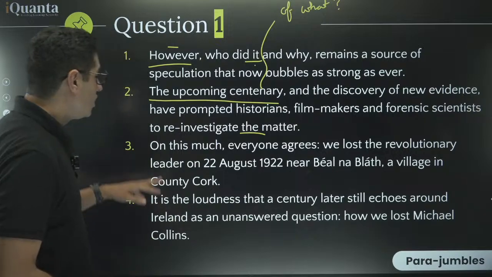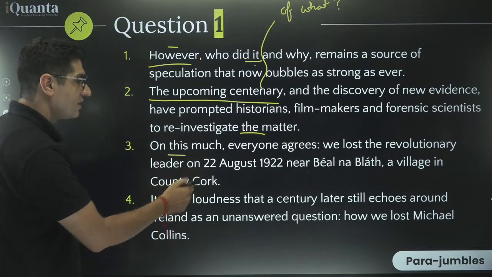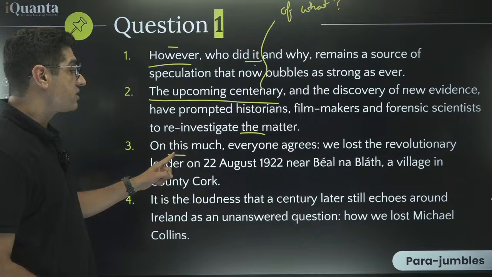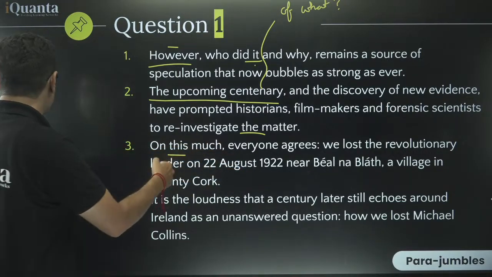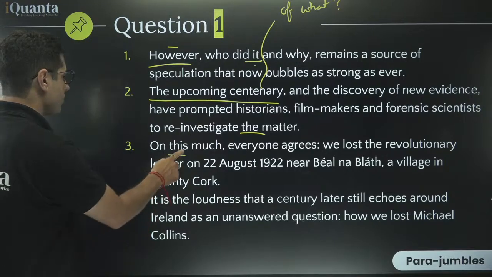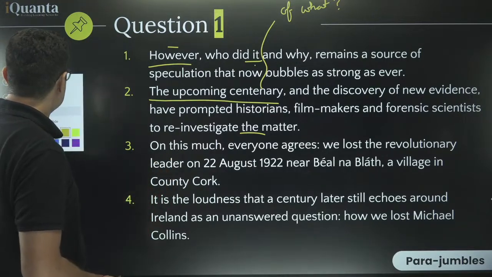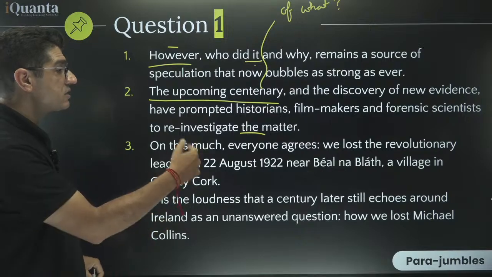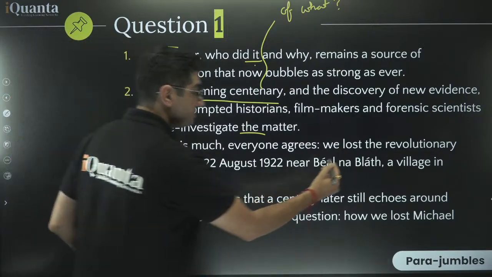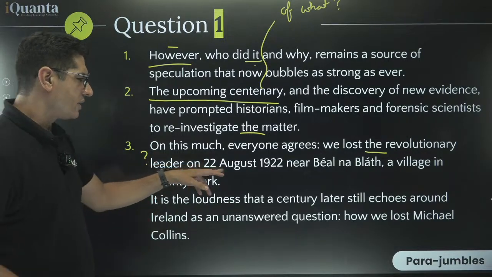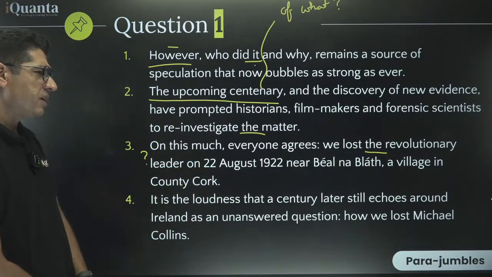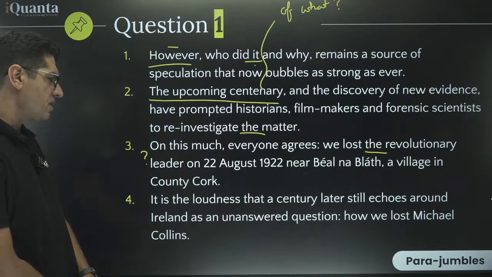Okay, third, on this much, everyone agrees. The this is already present in the next part of the sentence, so it is no longer a relevant clue for us. On this much, everyone agrees, we lost the revolutionary leader. Which leader? On 22nd August 1922 near Bialnablath, a village in country Cork.